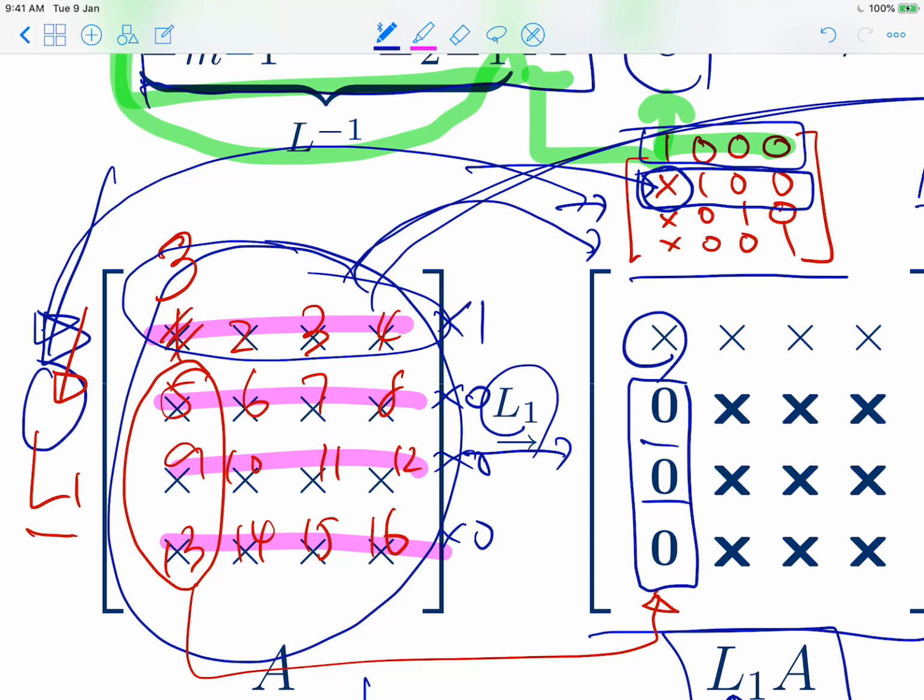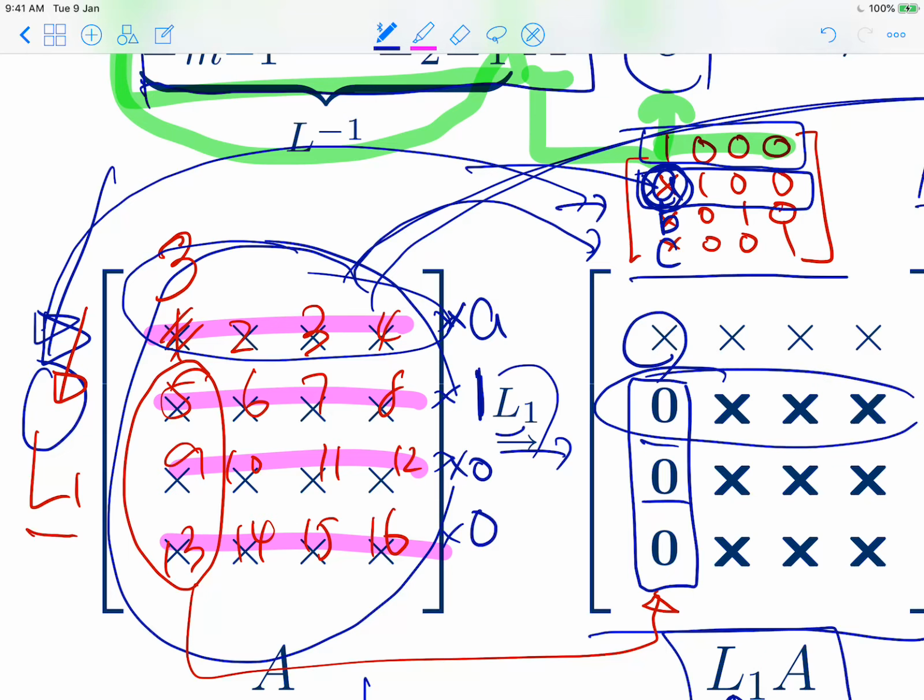In the second row, we multiply the second row by 1, and then 0 0, and then we are multiplying this value. Let's call it A, B, C, and we have the multiplier as A, right? And that will form our second row in the resulting matrix.